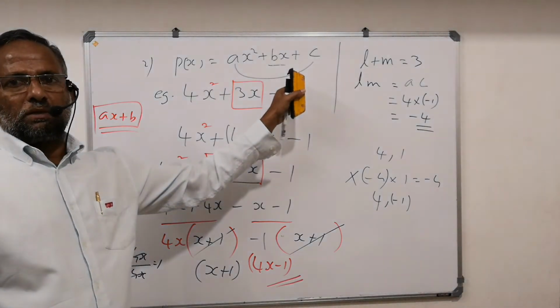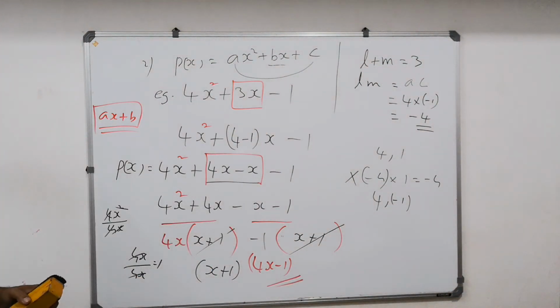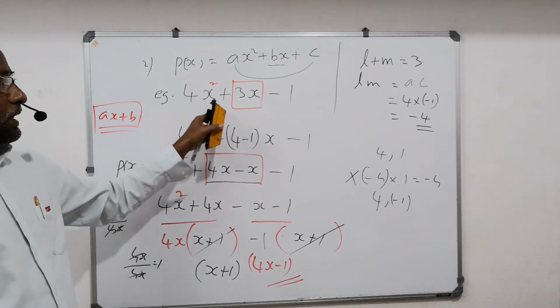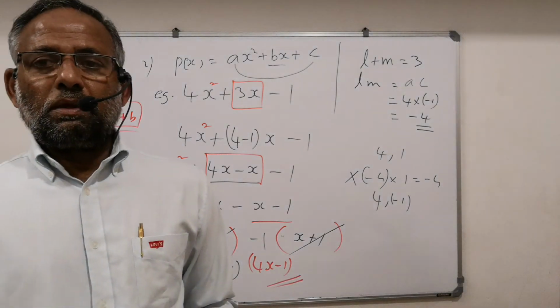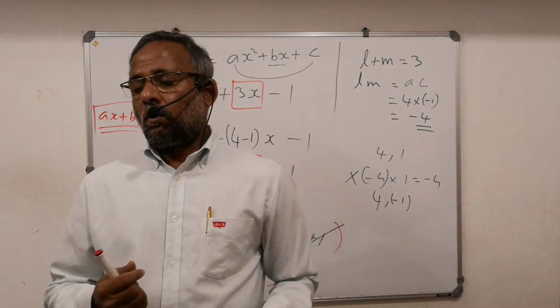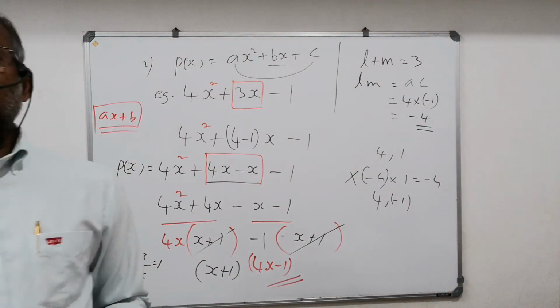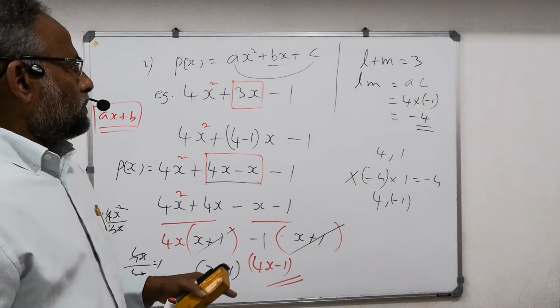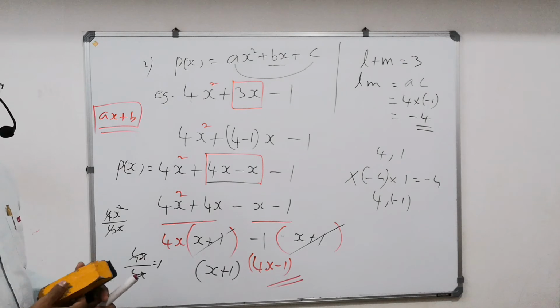This is the standard form, the general form. Don't confuse, 4x square plus 3x minus 1. Our concept is splitting the middle term of a quadratic polynomial, not a linear polynomial. Okay, so ax square plus bx plus c. I think you understood the concept.